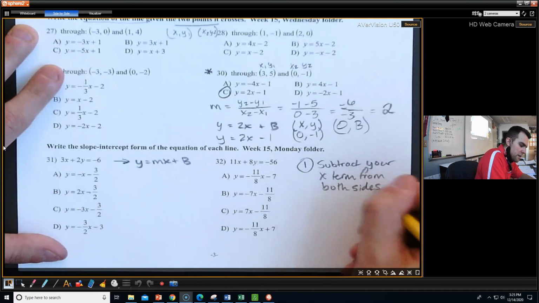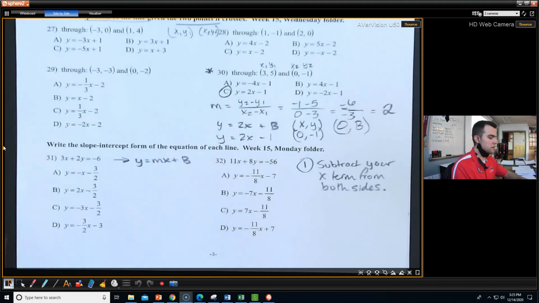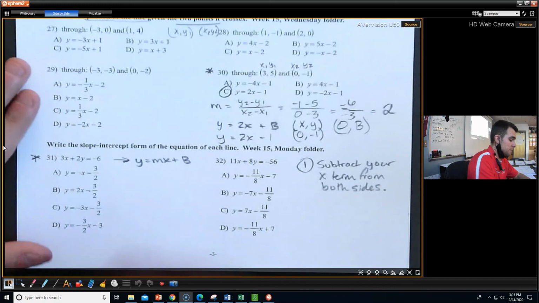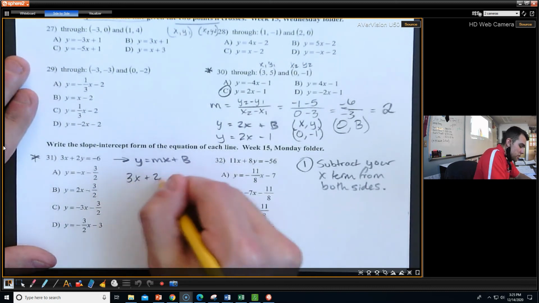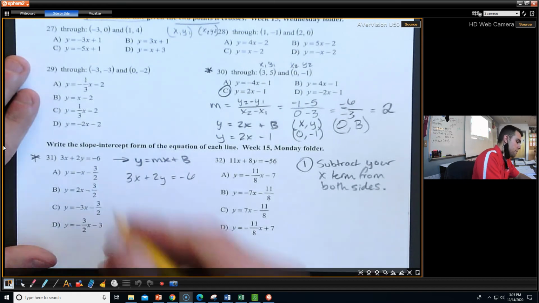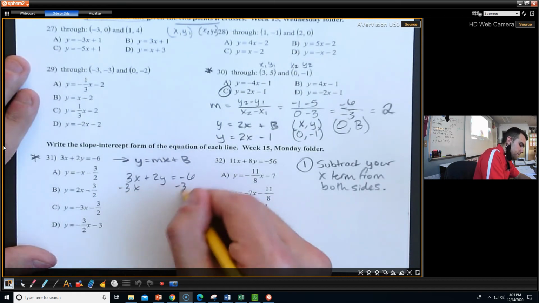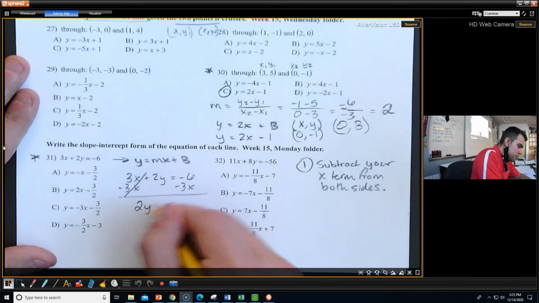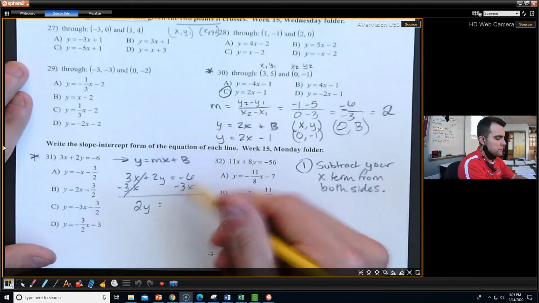What am I referring to when I say the x term for number 31, 8th hour? 3x. The 3x, absolutely. So I want to subtract both sides by my x term, so I'm going to subtract both sides by 3x. And so I'm left with 2y equals, again, I can't do negative 6 minus 3x.